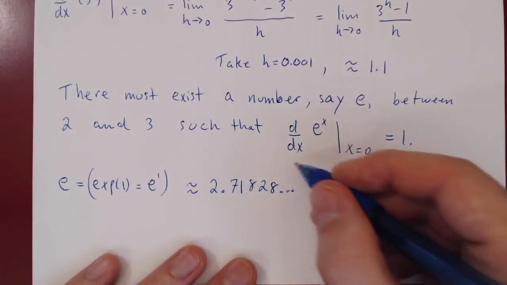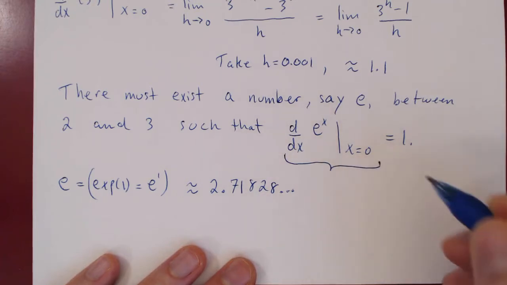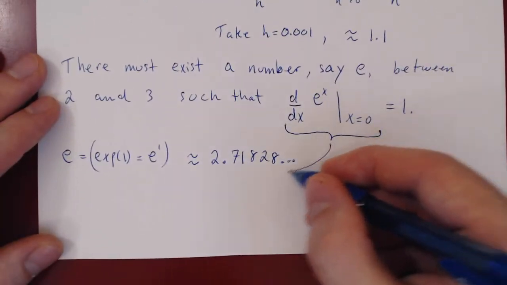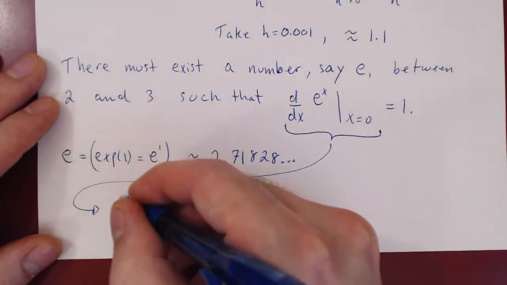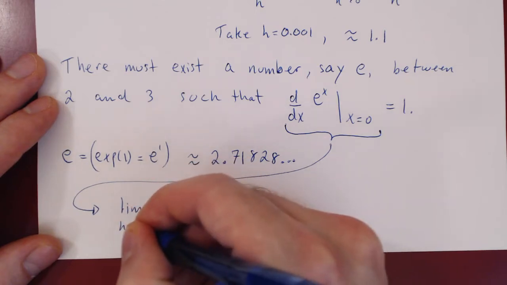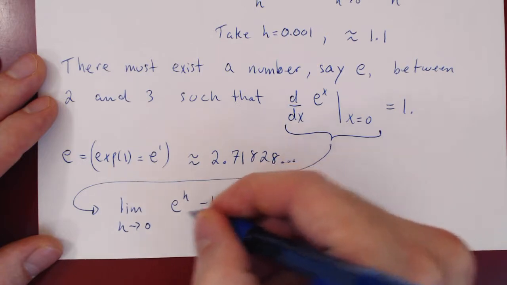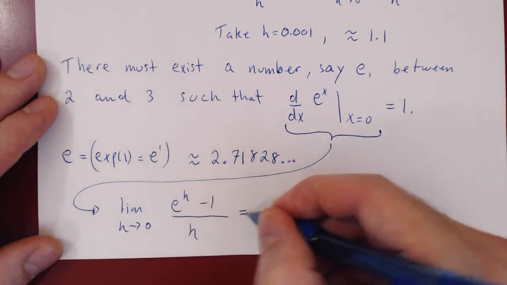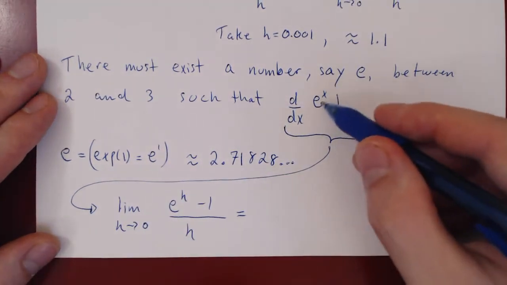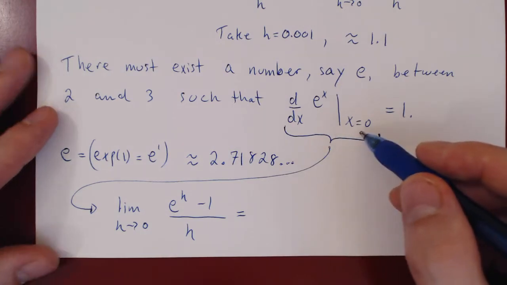Let's just rewrite what this gives us as a limit. If you rewrite this, you'll have the limit as h approaches 0 of e to the h minus 1 over h, and this limit is the derivative of e to the x, specifically at x equals 0.